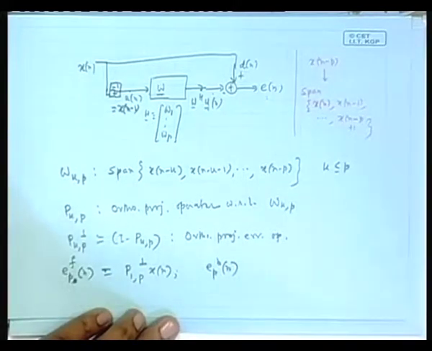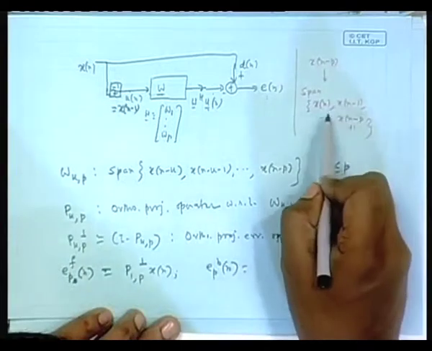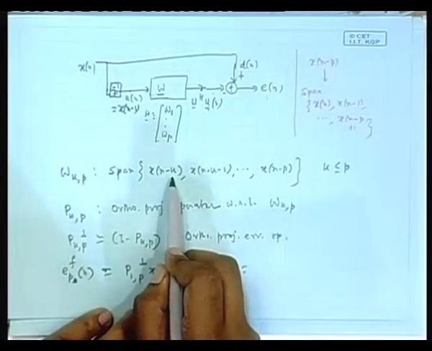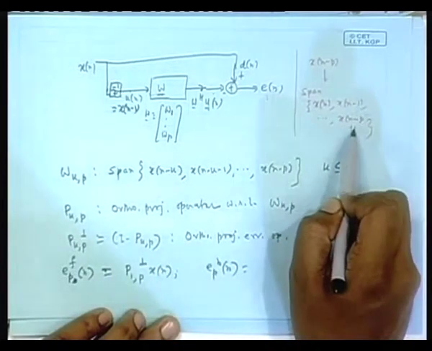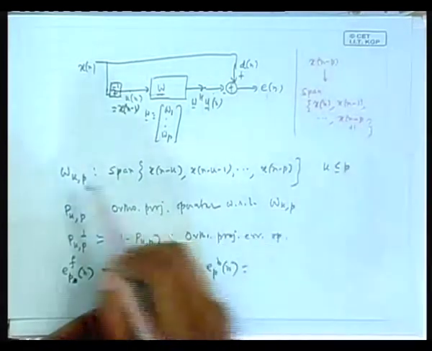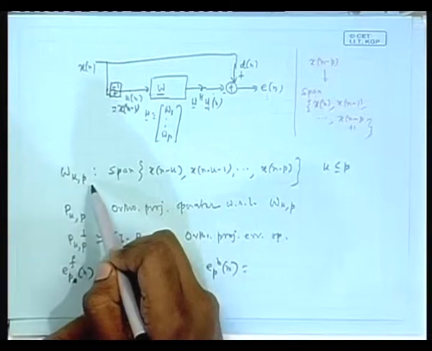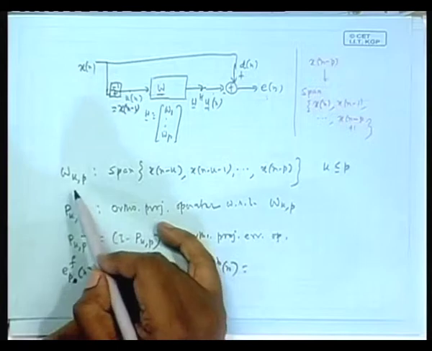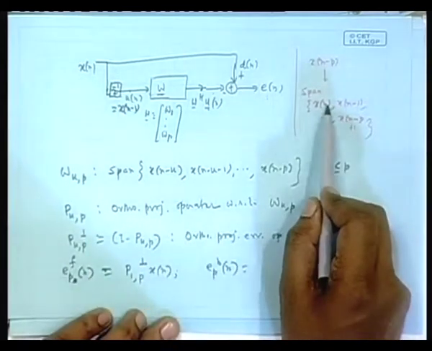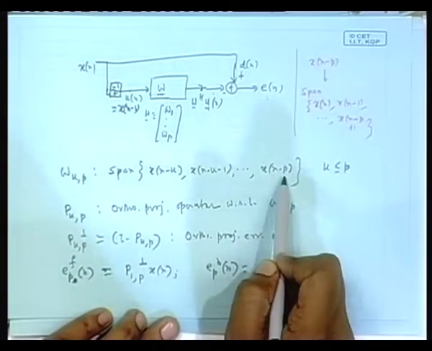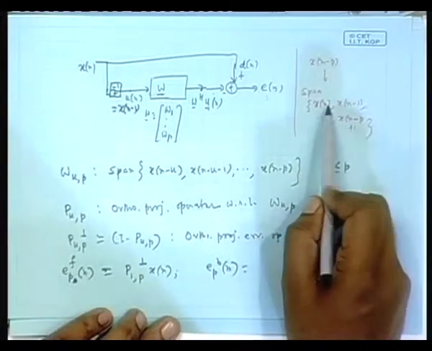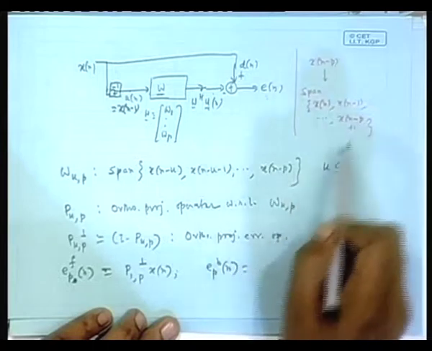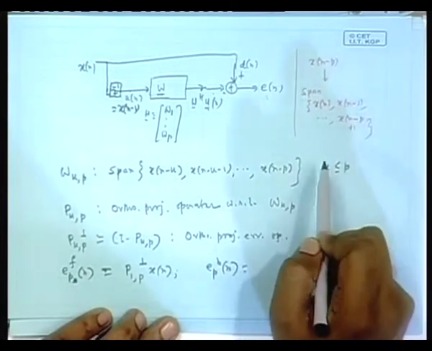In terms of our vector space notation, what is the space here? n minus 0, so k equal to 0, and P minus 1 here, W 0 comma P minus 1. See the notation. What is n minus k? It was the general case, n minus k to n minus p I took. What is k here? k is 0, n minus 0. What is p here? Instead of p I have n minus, within bracket, P minus 1.